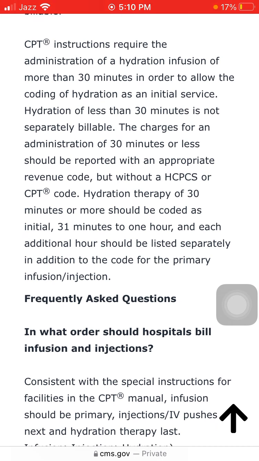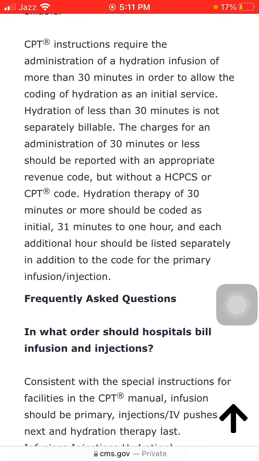CPT instructions require the administration of a hydration infusion of more than 30 minutes in order to allow the coding of hydration as an initial service. Hydration of less than 30 minutes is not separately billable.